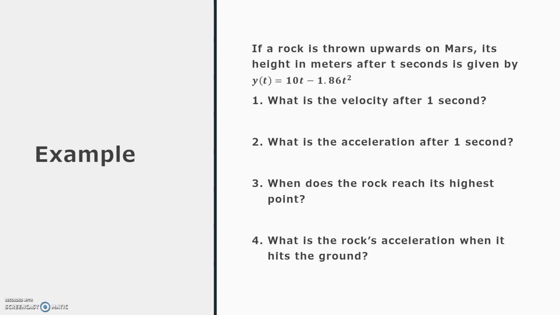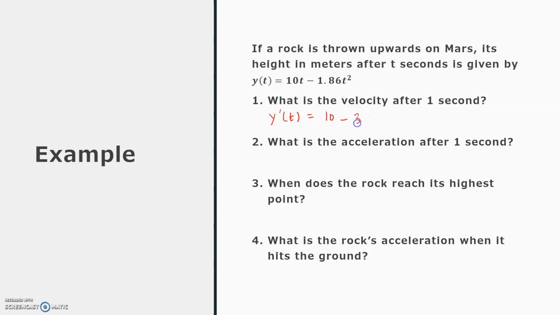So here's an example. If a rock is thrown upwards on Mars, its height in meters after t seconds is given by y of t equals 10t minus 1.86t squared. What is the velocity after 1 second? Velocity is the first derivative, so I'd take the first derivative here and get 10 minus 1.86 times 2.